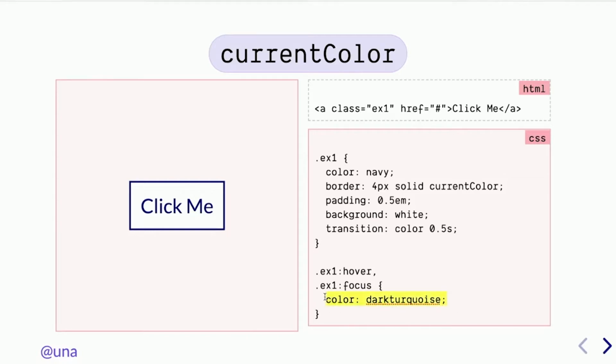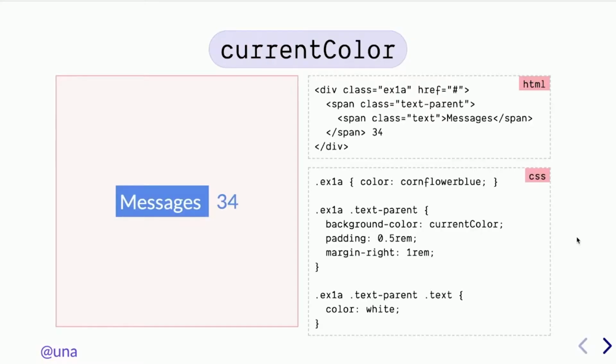turquoise. But the cool thing about currentColor is it doesn't just update the color value of the text within this button, it's also then updating the border color. And that's because you can set currentColor to any other place in CSS to make it use that color value that's dynamically updated via the color property. So you can use it for something like this.